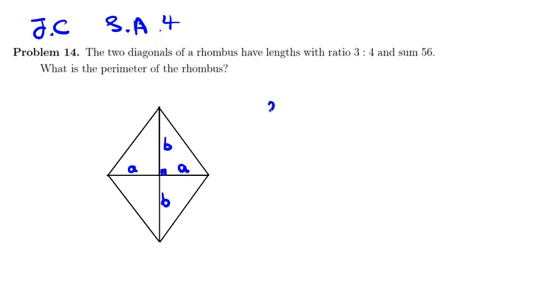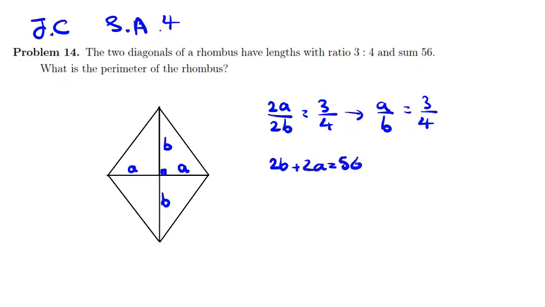It said the ratio 2A over 2B, for example, here A is a little smaller, is 3/4. So A over B is 3/4. And the sum is 56. So 2b plus 2a is 56. If you divide both sides by 2, a plus b will be 28.